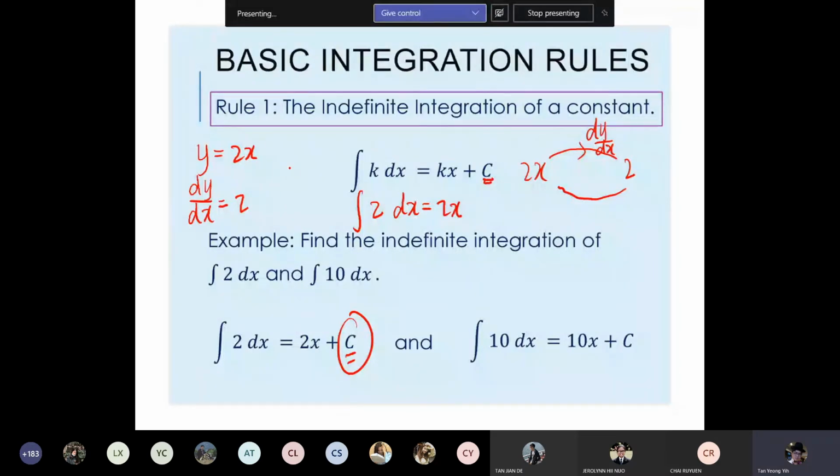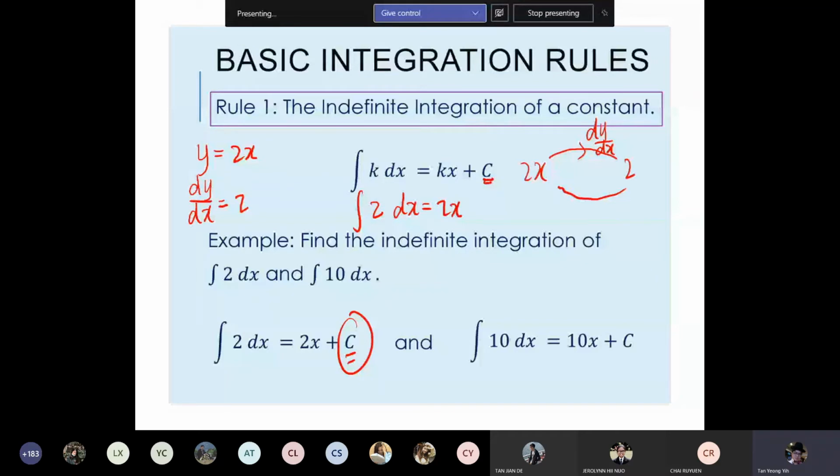The intercept, correct. But then why can't we just write any number for the intercept? I'm going to explain why we need to put a c in the following discussion.